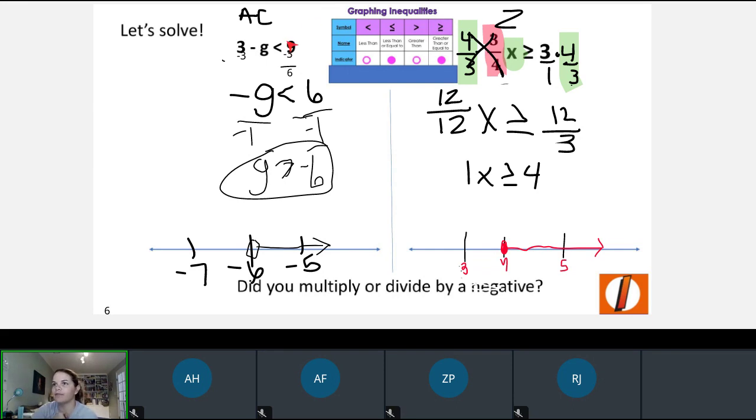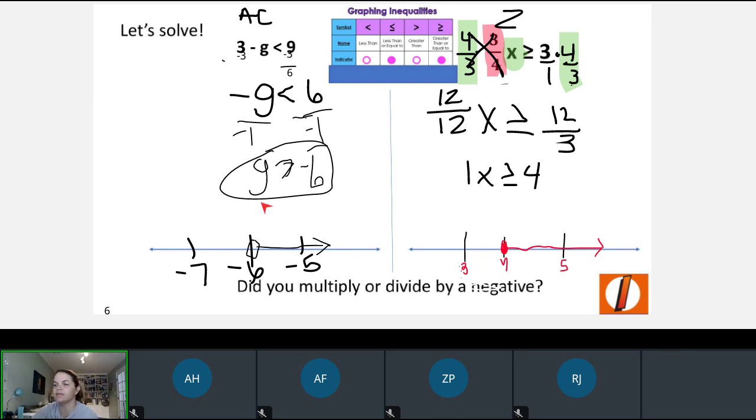Okay, so let's check our graphing over here for Adrena. She subtracted 3 from both sides. She got negative g is less than 6. We don't want to have that negative variable, so she went ahead and divided by -1 on both sides.